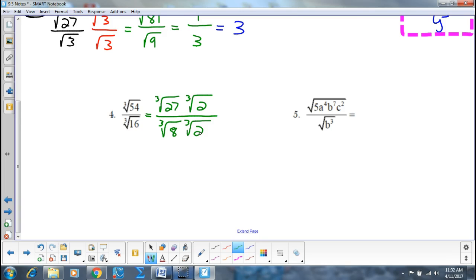What can I now do? Cancel out. Cube root of 2's both cancel each other out. Okay. What's the cube root of 27? 3. What's the cube root of 8? 2. So my answer here is 3/2.